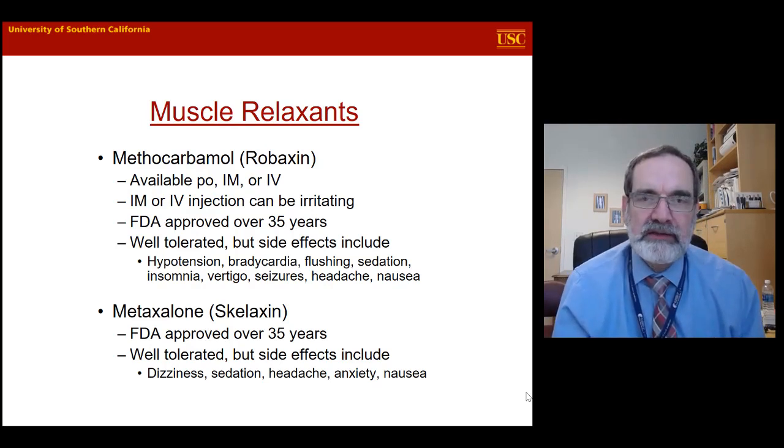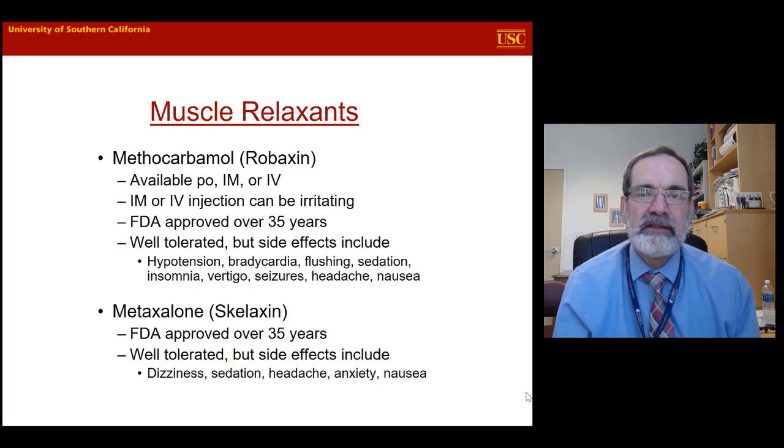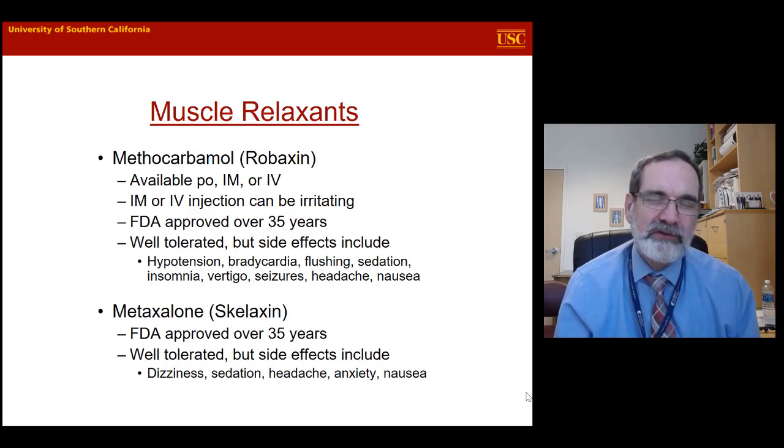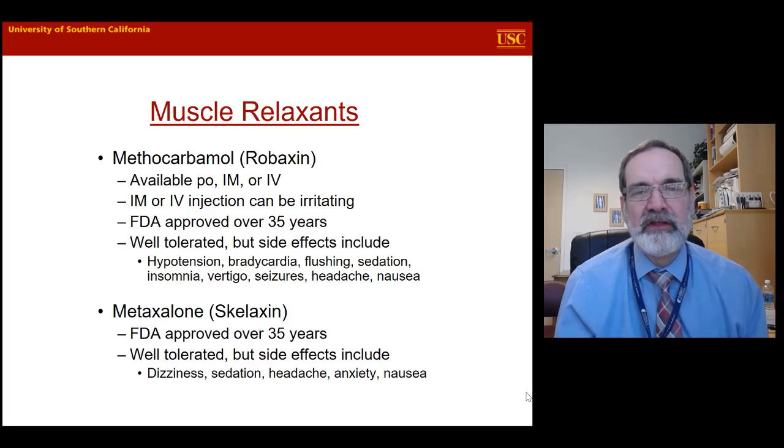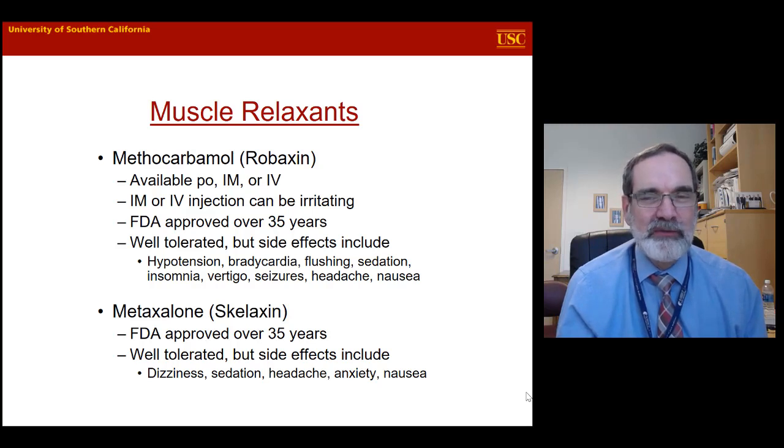Methocarbamol or Robaxin is the only muscle relaxant that's available IM or IV. Well, almost the only. Dantrolene, which we're really not discussing today, is kind of a different story. It is an old drug, been around a long time, generally well tolerated, but there are side effects that can occur.